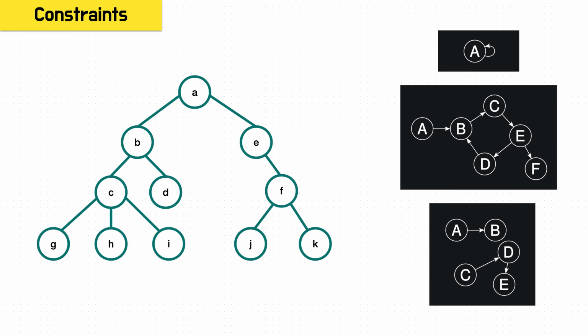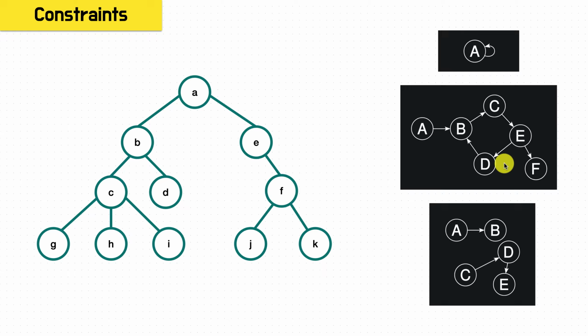So let's look at some cases that aren't trees. Here we have a root node and single node A. Trees are allowed to have only one node, but this node points to itself as its own child, which breaks one of the key constraints of a tree and is therefore invalid.